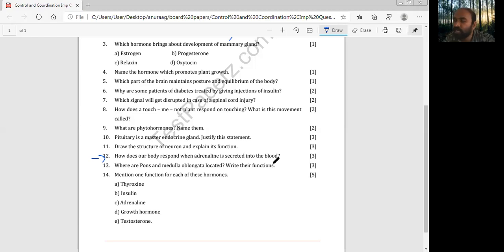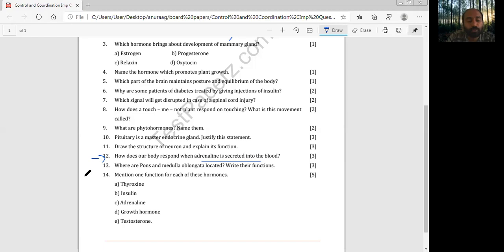So the heart pumps harder, pushes the blood harder, and blood is pumped to the muscles more. The supply of blood is reduced towards the skin as well as your digestive system. Because of this, the muscles get more oxygen, and the muscles can react and function more efficiently. So that is the adrenaline effect.